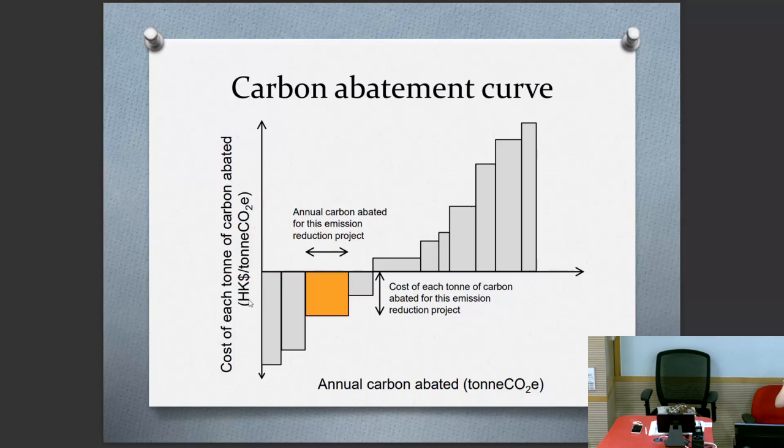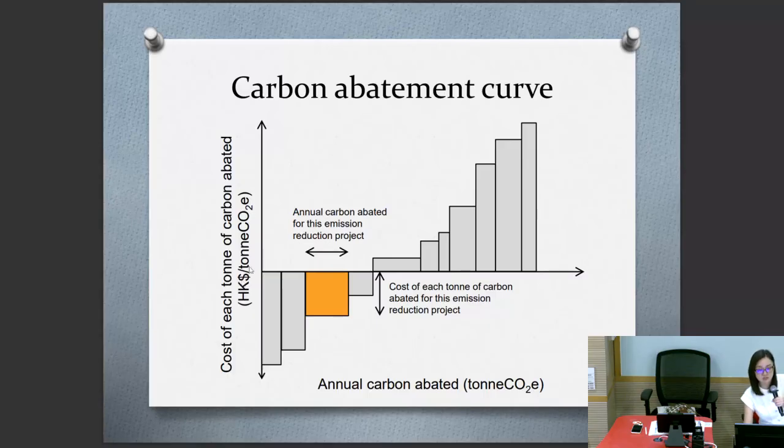Different strategies will have different costs. Maybe retrofitting the lighting with LED is very cheap, or maybe carbon capture is very expensive. So different mitigation strategies will have different costs of carbon reduction, right?